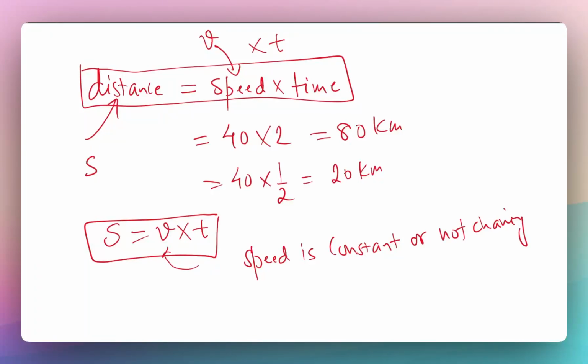In other words, we can say that the speed is going to be distance divided by time, right? All I've done is take the time to this side, and that's our speed.